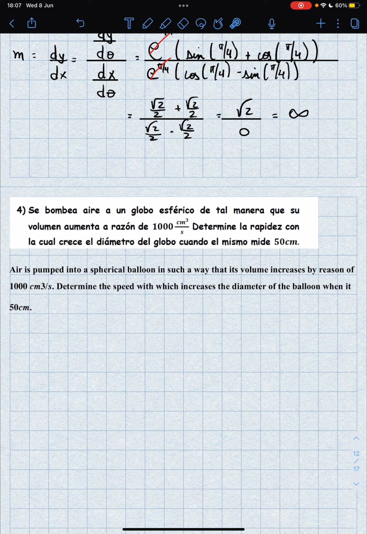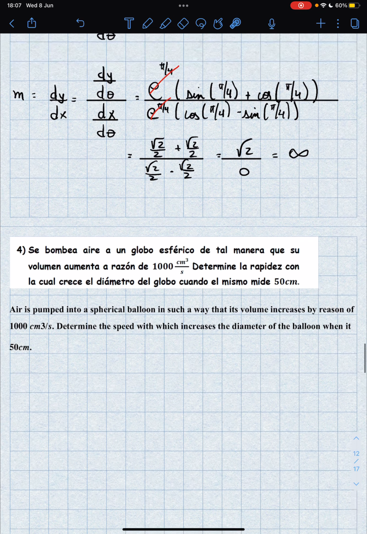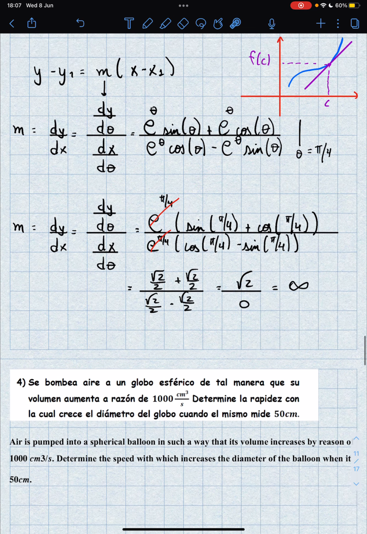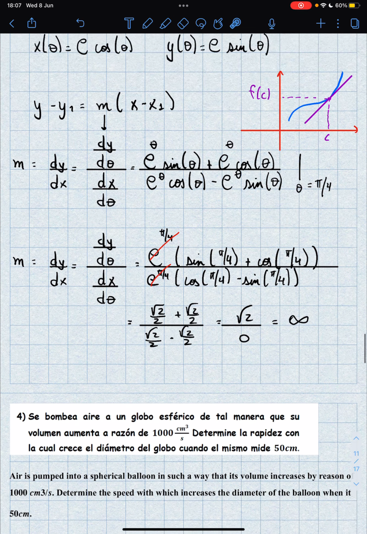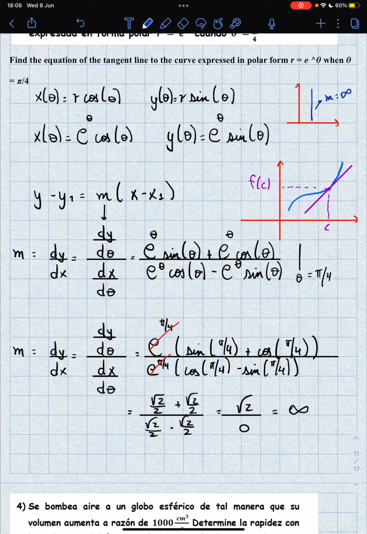What it's saying to us is that the slope is infinite, which means that the line is vertical, something like this. The m is infinite.